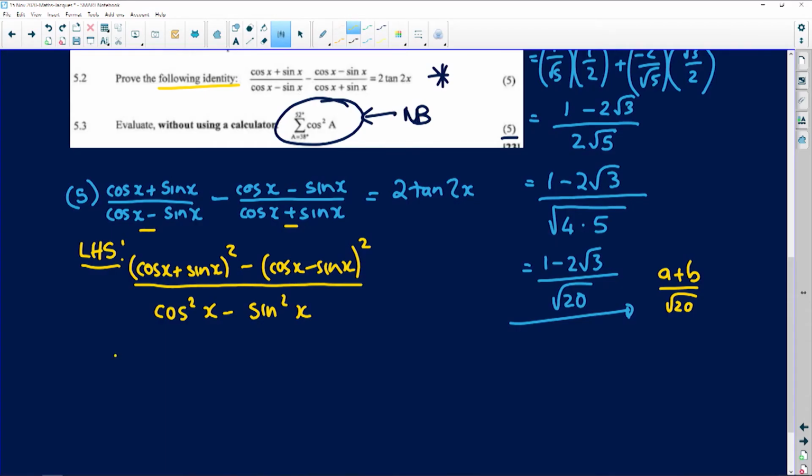Or I can do my squaring of both those binomials, and let's see which one gets us there. I would like to do something interesting and factorize. So I get cos x plus sin x minus this, which gives me minus cos x plus the sin x. Remember the double negative there.